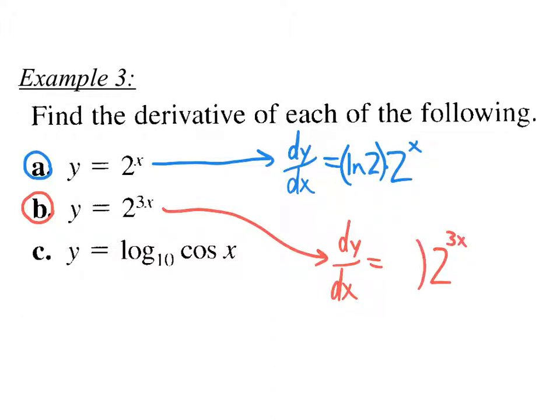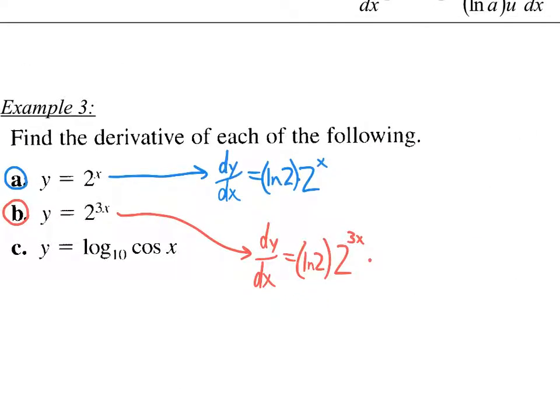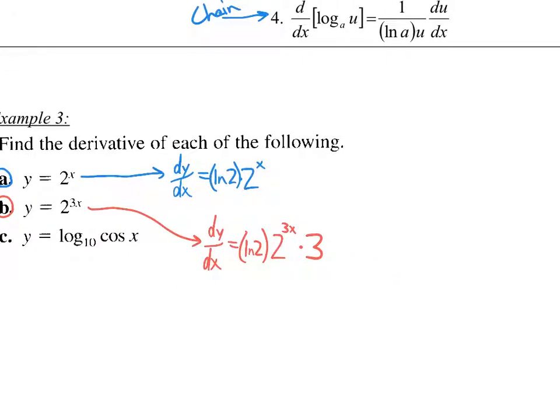I multiply by ln of the base, but then I also have to multiply by 3, the derivative du/dx. So u here was 3x, so du/dx is just 3. That's what I'm plugging in right here.